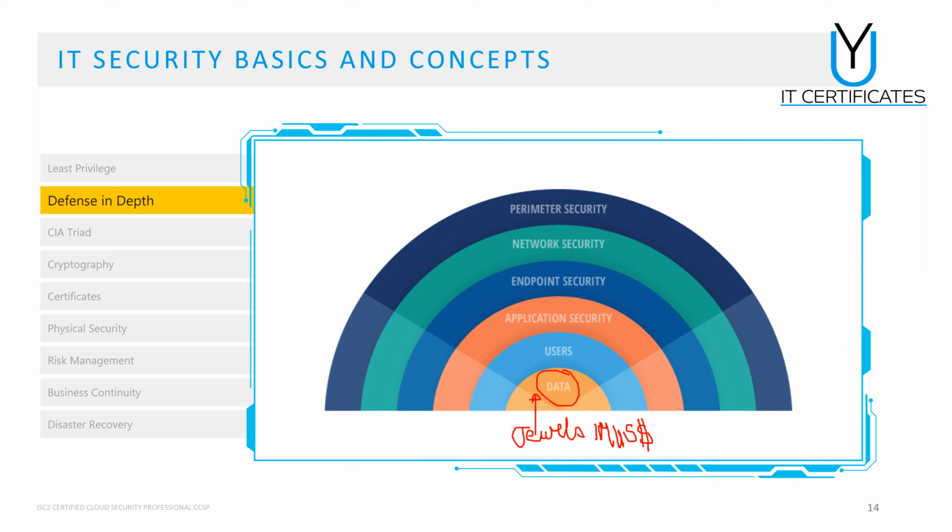This room is kept in a dedicated floor, and this floor has guards, maybe dogs and CCTV and all the physical security requirements. And this floor is in a protected building as well.